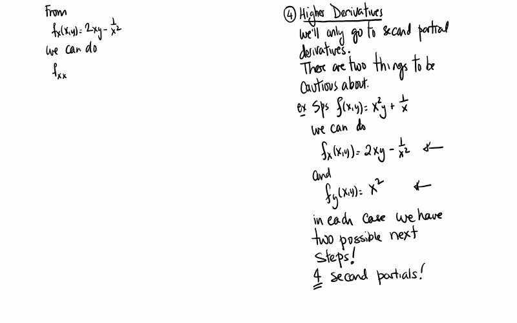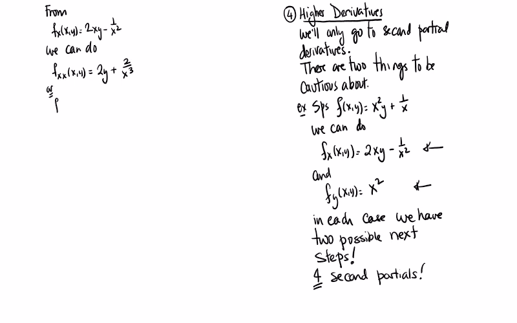So the notation here is f sub xx. We'll talk about the order of those letters in a second. What I'm going to do is take this function above and do the derivative with respect to x yet again. So the derivative of 2xy with respect to x is 2y, and then plus 2 over x cubed.